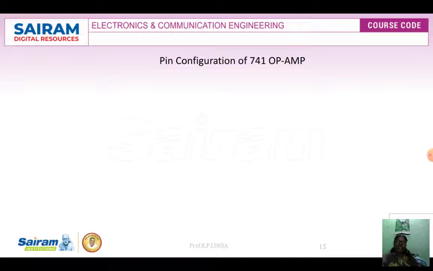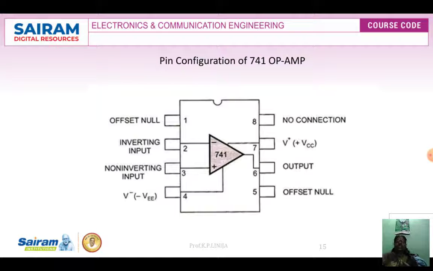The next we will discuss is the pin configuration of the 741 op amp. Already we have seen the symbol of 741. We said there are two input terminals: pin number 2 is called the inverting input, and pin number 3 is called the non-inverting input.